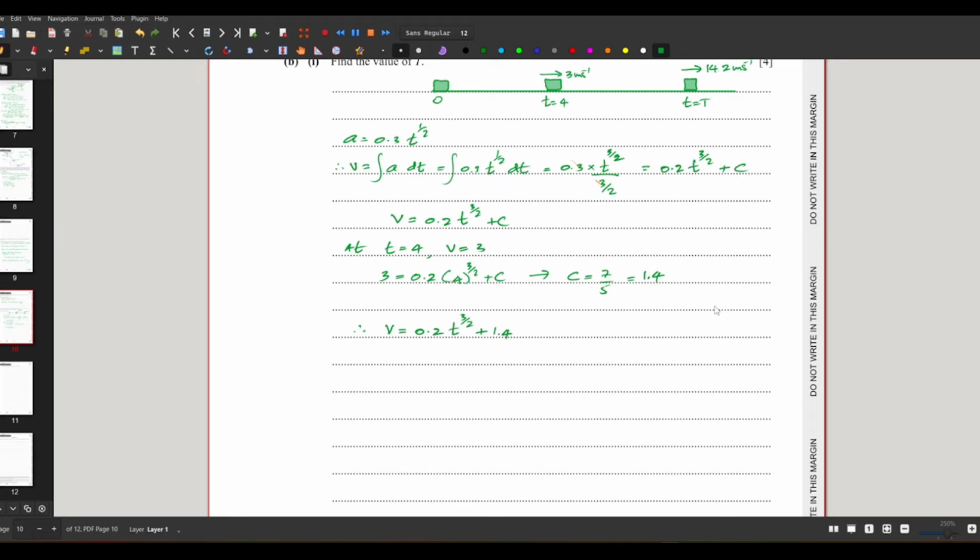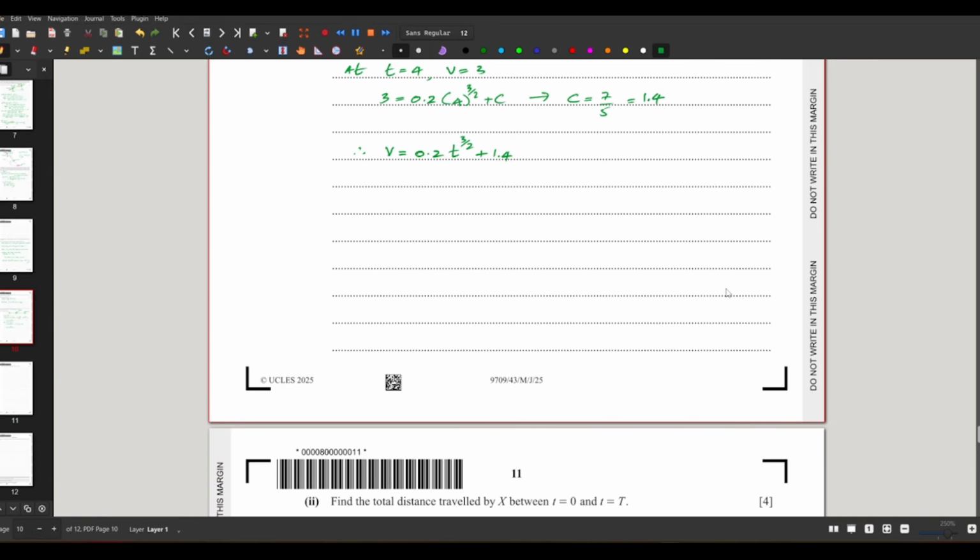Now you can apply at t equals capital T, the velocity is 14.2. So I can write 14.2 equals 0.2 capital T to the power 3 over 2 plus 1.4.